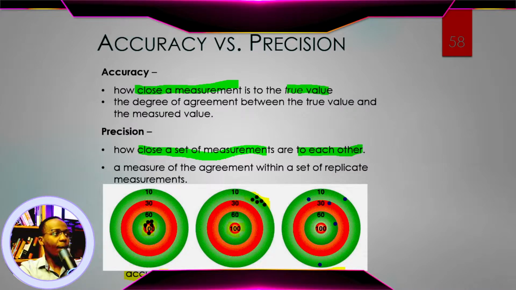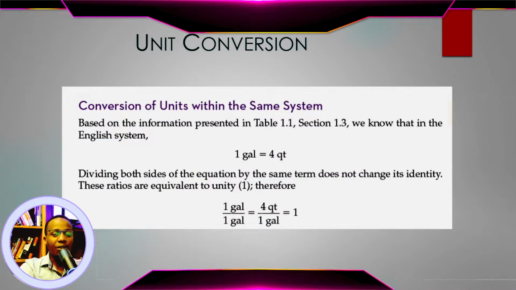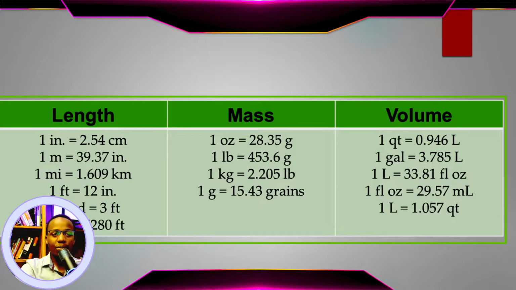And let's switch gears and talk about unit conversion. Now we gotta know how to convert units from one to another. So we were talking about different units of measurement, but it becomes a problem when you go from one system to another.